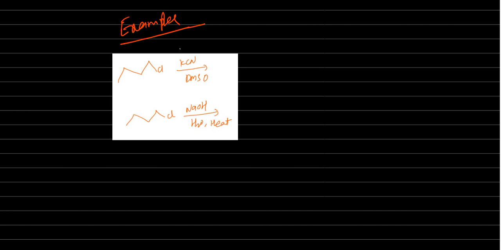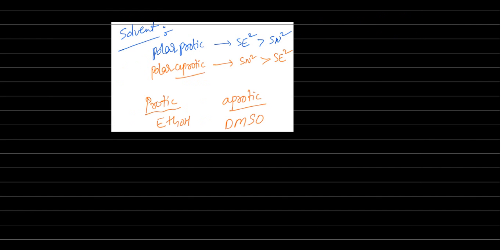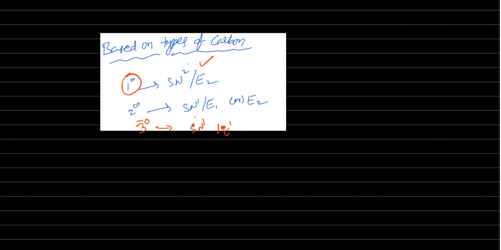See, KCN is given, K plus and CN minus. So a charged species is there, which means SN2 or E2. Okay. I did not tell you about polar solvents; one more point is there, which I missed.